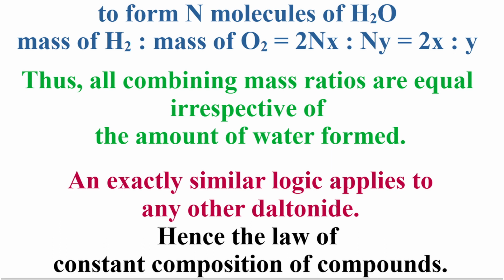An exactly similar deductive logic is applicable to any other Daltonide. Hence, the law of constant composition of Daltonides. The above explanation by atomic theory makes it clear as to why the behavior of elements forming Daltonides is controlled by the law of constant composition.